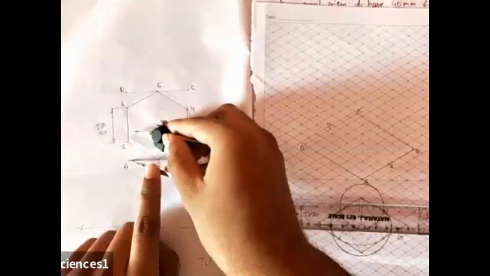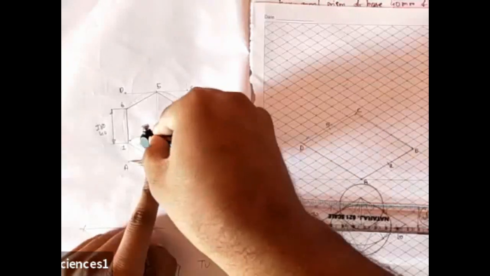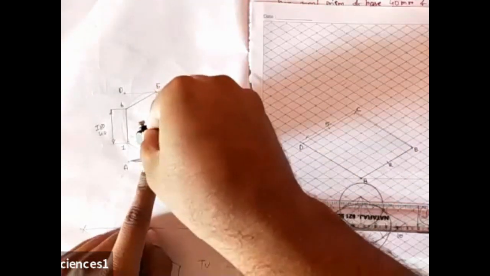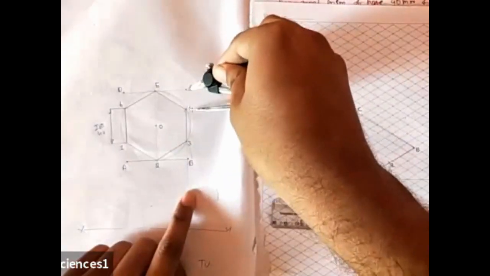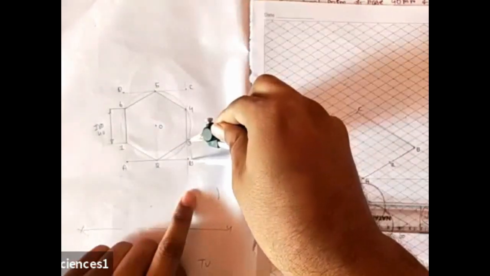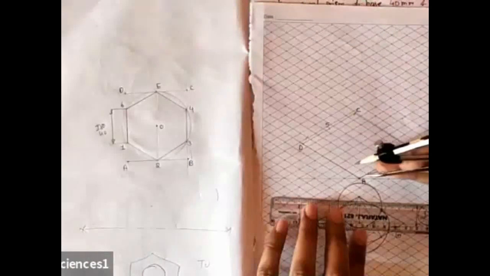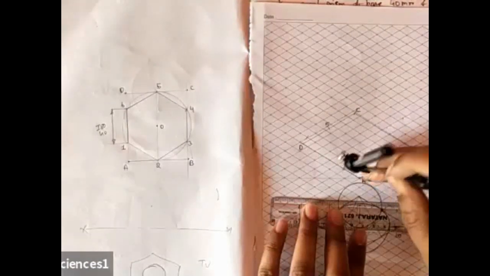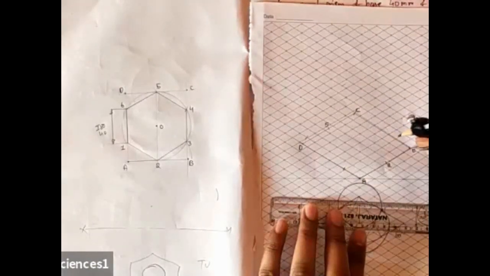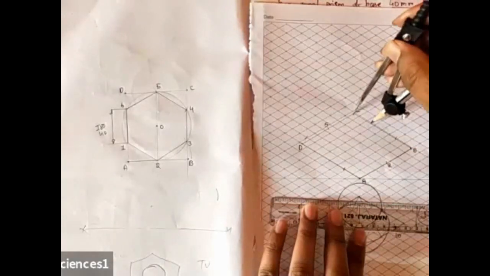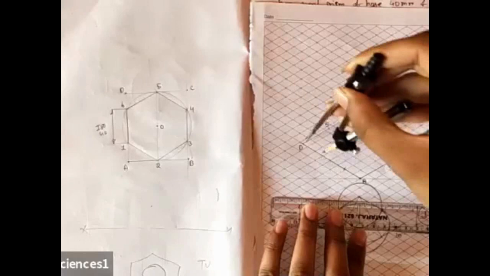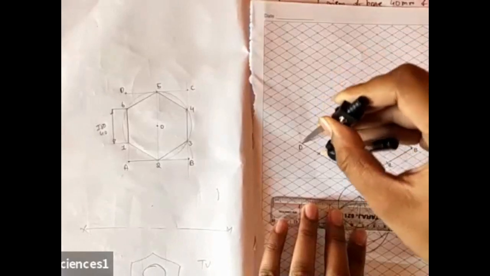Then measure from point A to 1. Remember, A to 1, D to 6, C to 4, and B to 3 are all the same. So this will be A to 1, this will be B to 3, this will be C to 4, and this will be D to 6.